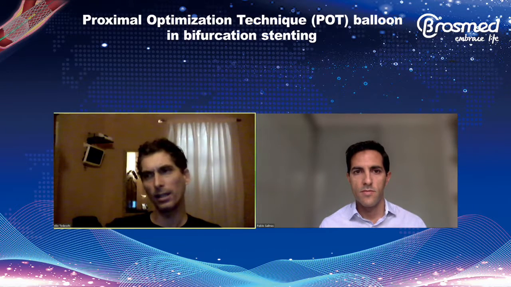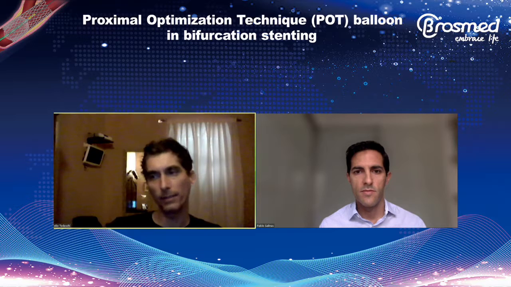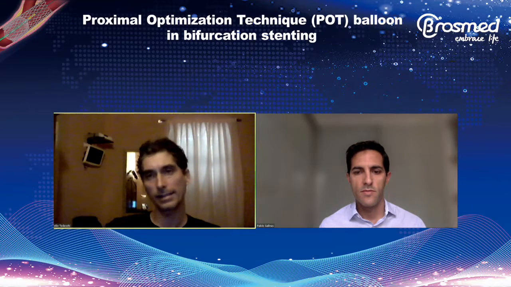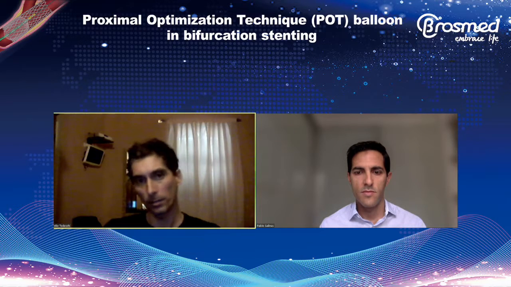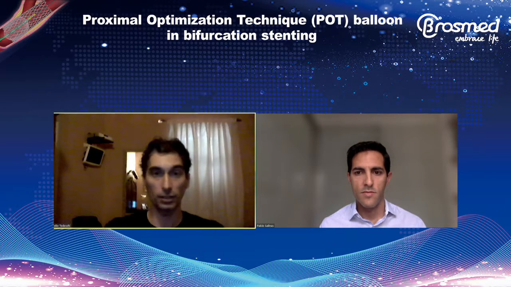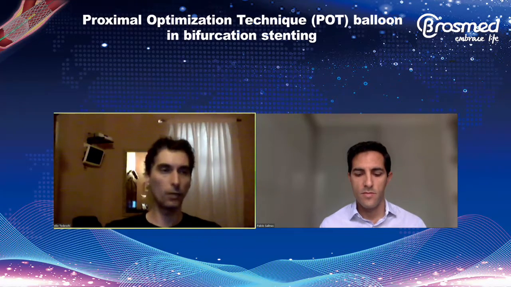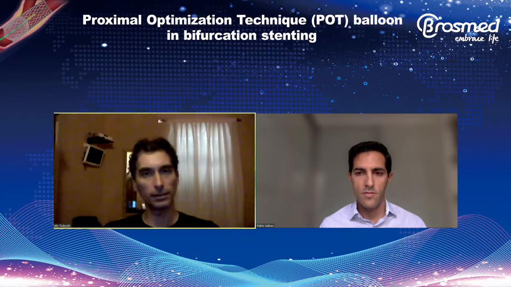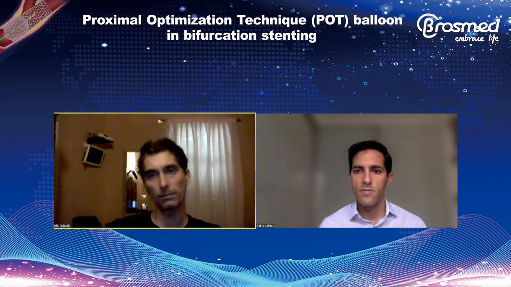If we have a small side branch, less than 2 millimeters, I think the reasonable strategy is to keep it open and perform the POT in order to optimize the apposition of the struts toward the side branch, but the kissing balloon is not mandatory.